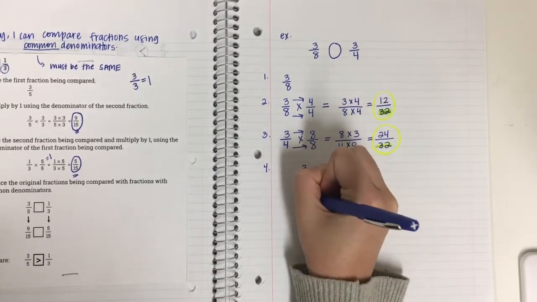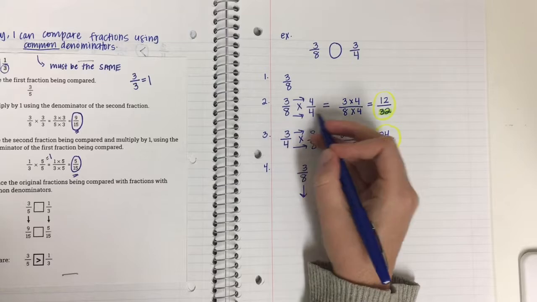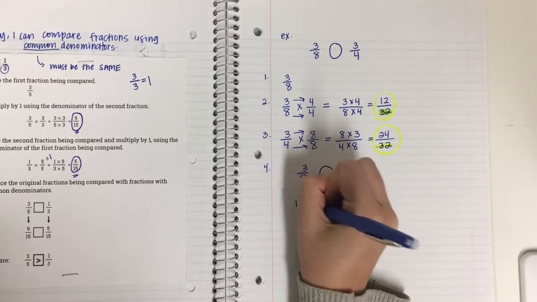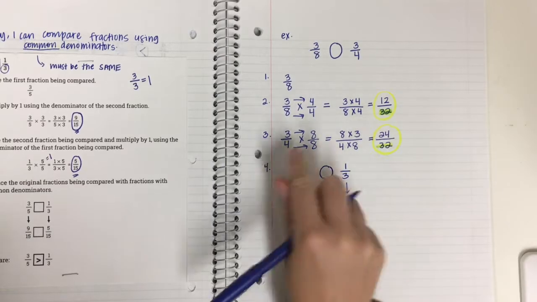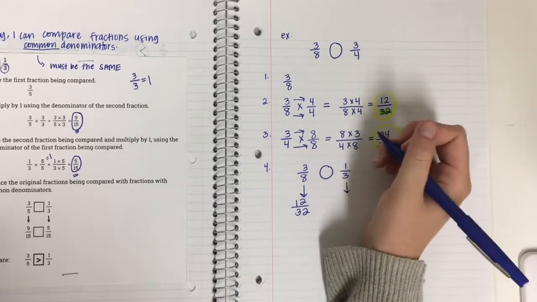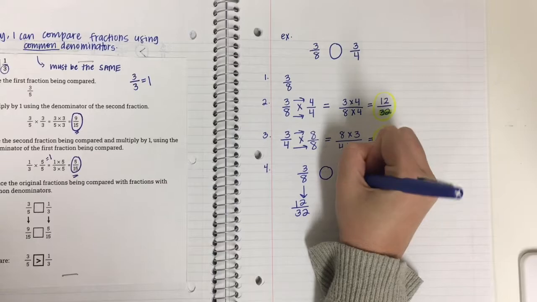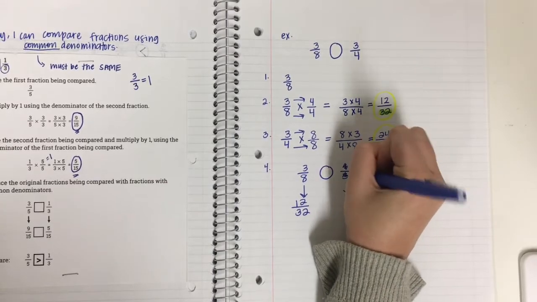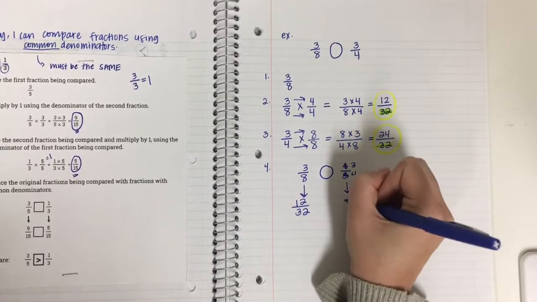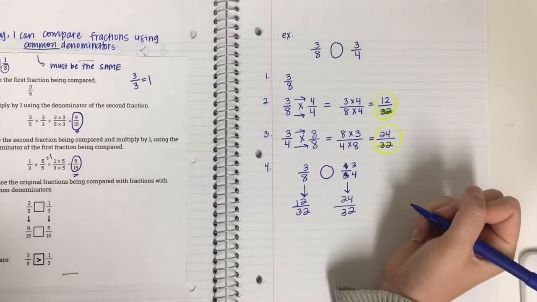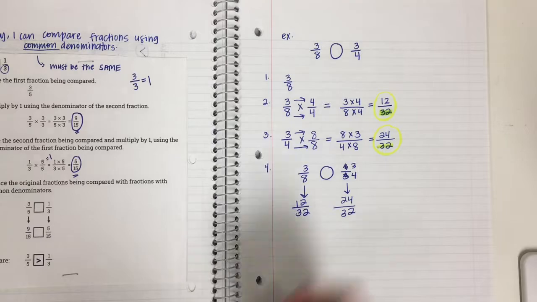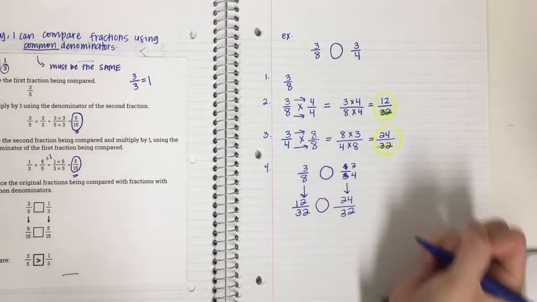So let's draw our arrows. 3/8 became 12/32. And then 3/4. Whoops, I wrote the other one. 3/4 became 24/32.